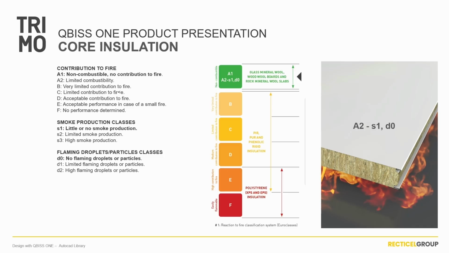Now I would like to point out some of the key mineral wool advantages. It has Class A1 non-combustible reaction to fire classification according to Euroclass EN 13501. It has high density for superior structural strength. It is environmentally friendly, where landfill disposal is treated as non-hazardous waste.